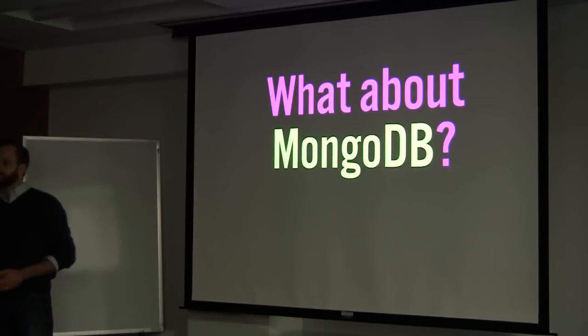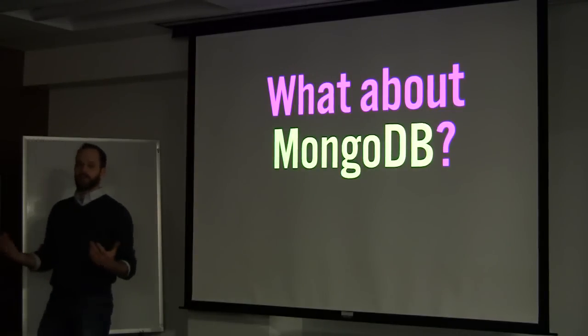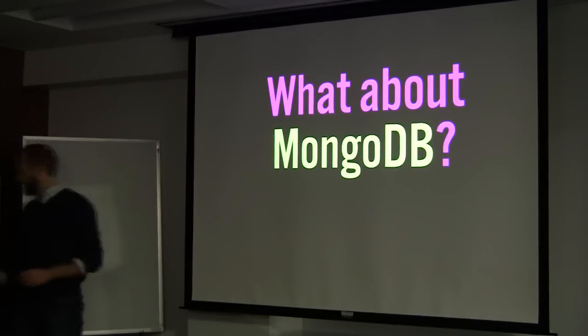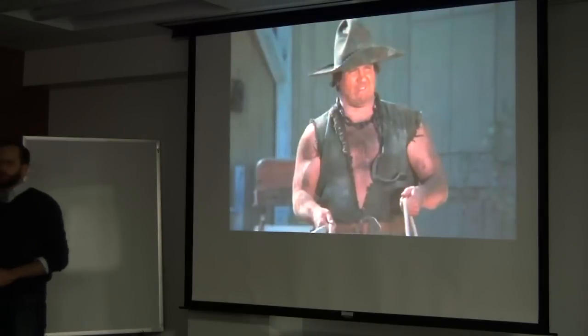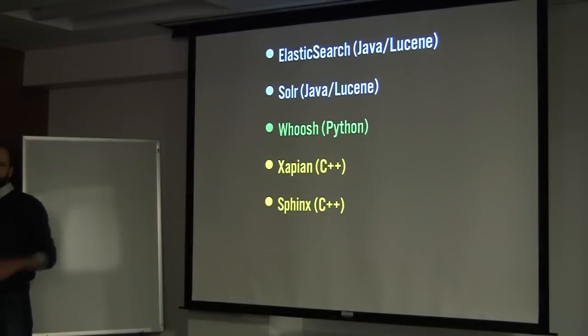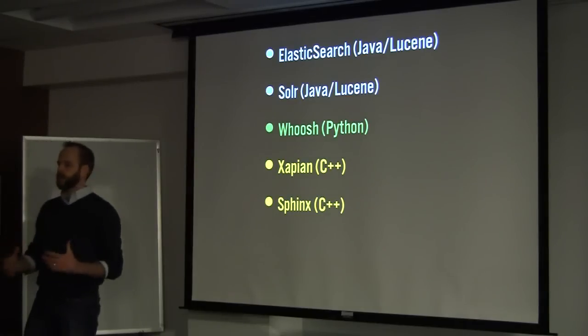I said it's a document database, so why not MongoDB? That's one of the next questions. The answer is that Mongo is only a pawn in the game of search. Remember, it's about the index, not just about the documents.